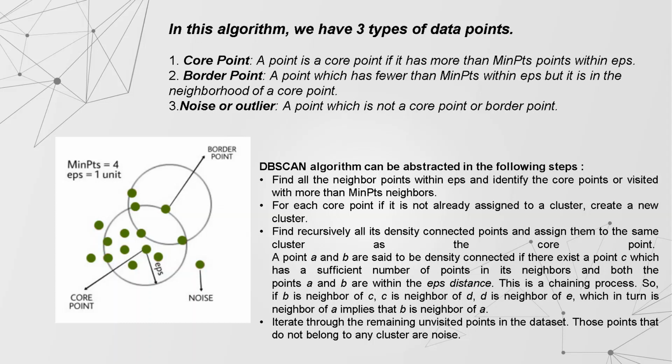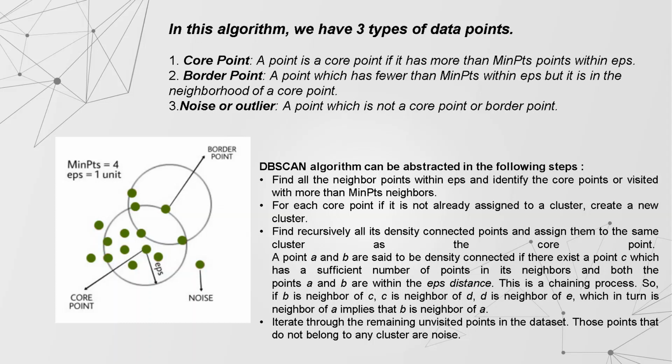The DBSCAN algorithm can be abstracted in the following steps. First, find all the neighbor points within EPS and identify the core points, or visited points, with more than MinPts neighbors. Second, for each core point, if it is not already assigned to a cluster, create a new cluster.